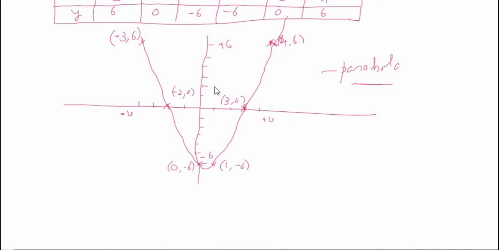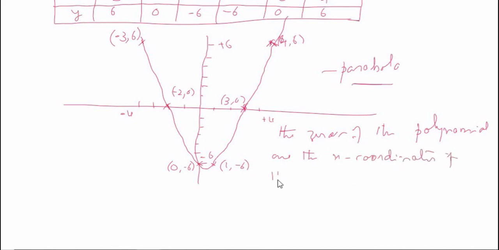So in case of a quadratic polynomial, the zeros of the polynomial are the x coordinates of the points at which the graph, that is the parabola, cuts the x-axis.